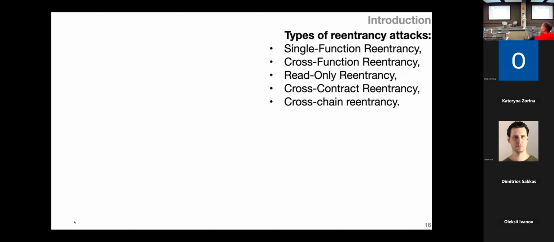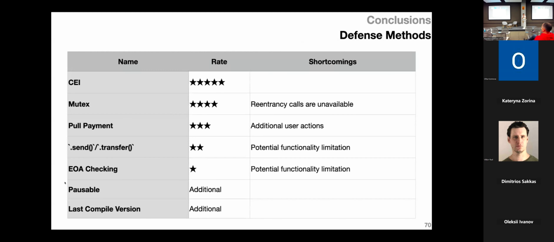What are your expected results on such a PhD project? My result in this work is how I'm planning. It is a summary of defense methods.